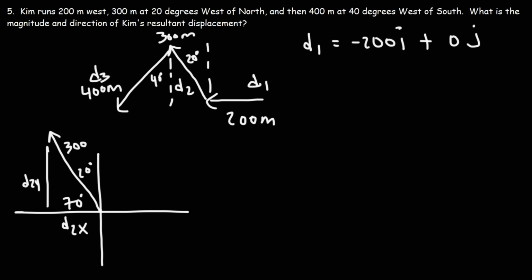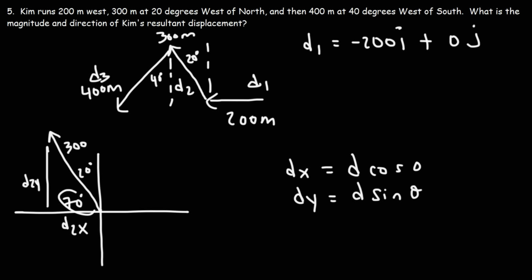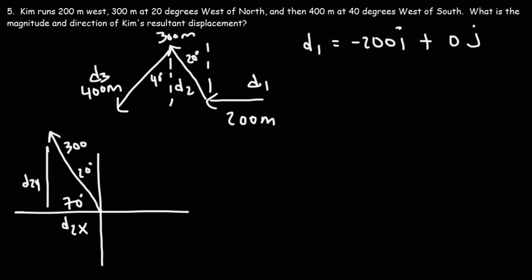I like to choose the angle between the vector and the x-axis, because when you do that, it's easy to remember the formula. The x component is going to be the vector times cosine theta. The y component is always going to be the vector times sine theta. This works if you choose the angle between the x-axis and the vector. If you choose the angle between the vector and the y-axis, you need to reverse sine and cosine in order for that to work. So just keep that in mind.